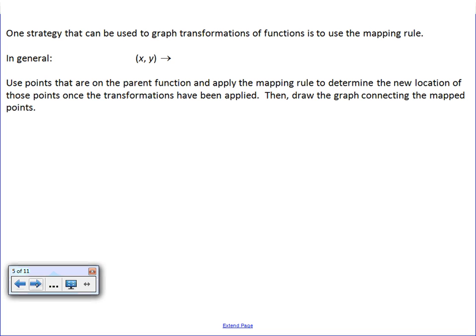It's the way you take an equation and turn it into instructions for what to do to the original point to get to your transformed point. So you have this general mapping rule where if (x, y) is on the parent, how do A, K, D, and C affect x and y to give the correct new point?